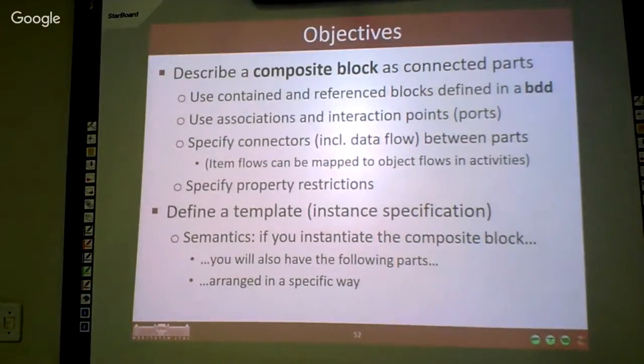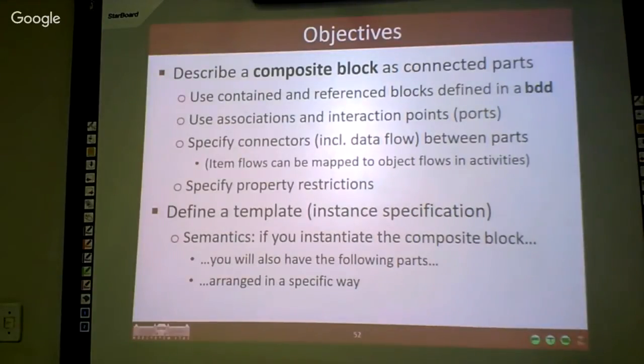And we use the contained and reference blocks defined in the block definition diagram. And we use associations and interaction points, namely ports, to define some relation between these blocks. And we also specify connectors, such as data flow between the ports or between the parts. And you can use item flows and various other kinds of language elements.